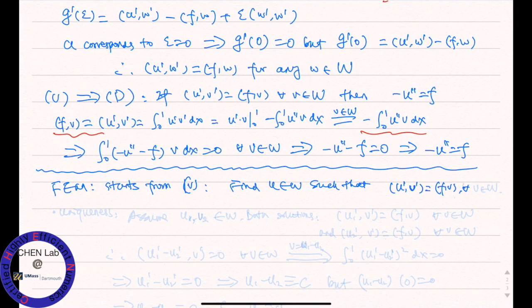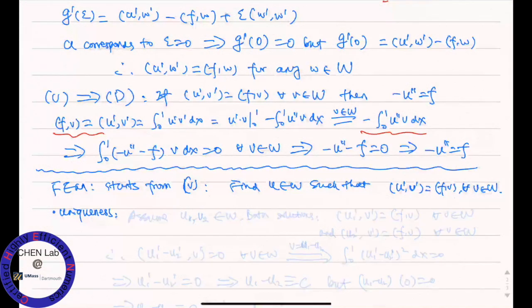This is true for any v in the space W. We still need to argue that the solution is unique. The uniqueness of the solution you can prove by contradiction.